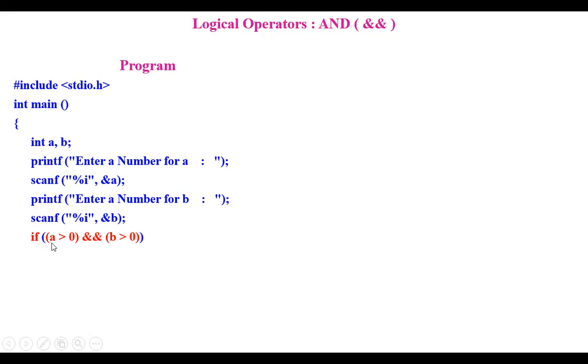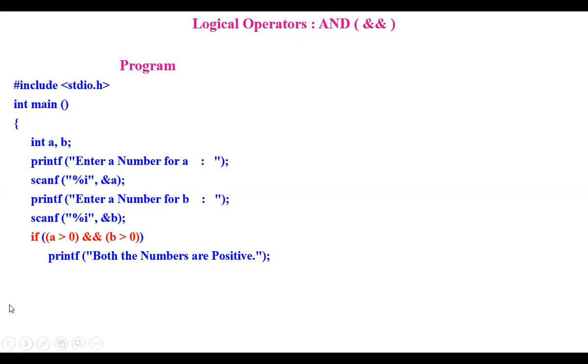If A is greater than 0, that means the value of A must be greater than 0, and B also must be greater than 0, right? So if both the conditions are met, then it gives out an output that the condition is met. That is, it says true.